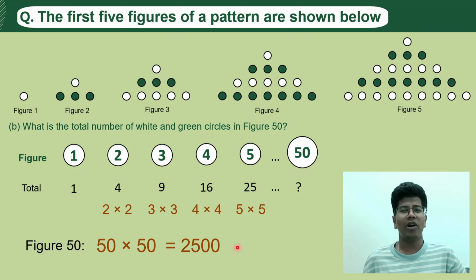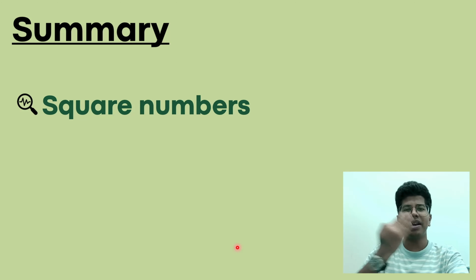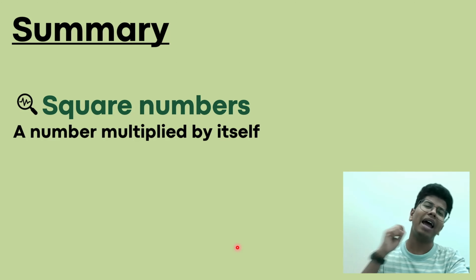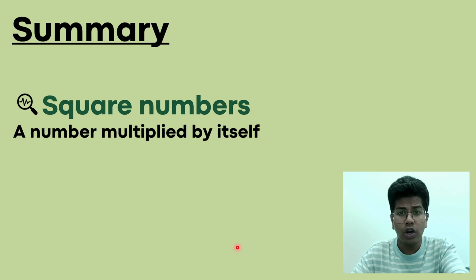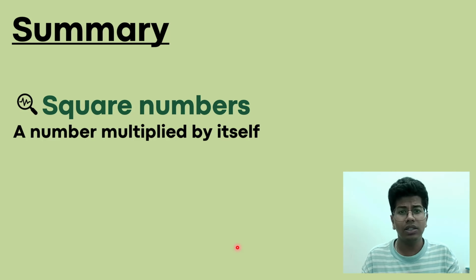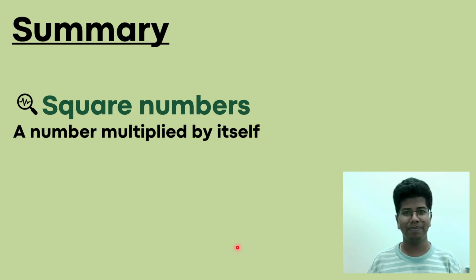Then the most important part that we learn from this question is about square numbers. And what are square numbers? It's basically a number which is multiplied with itself. So this is the most interesting part that we can look for. So next time when you do a question based on pattern, the best thing you can do is also look for square numbers if there are any.